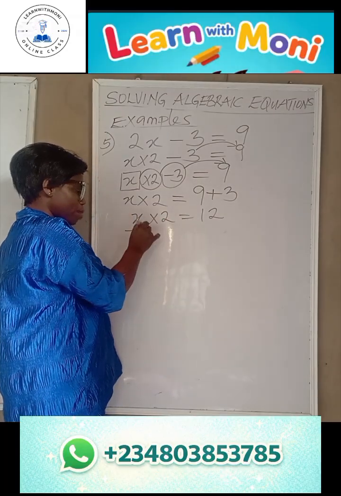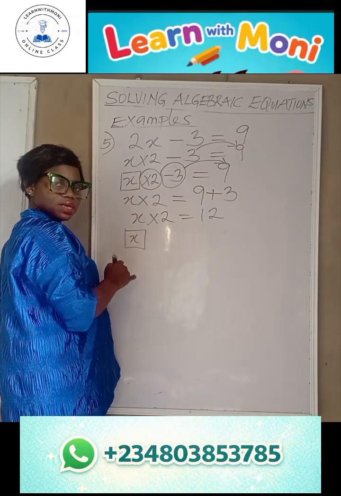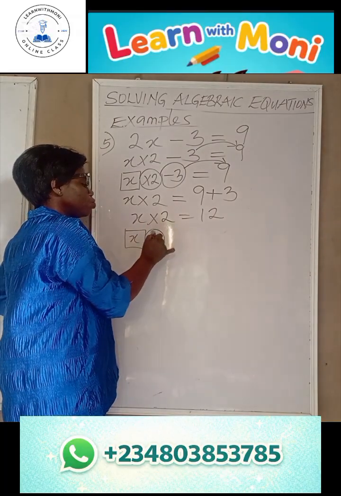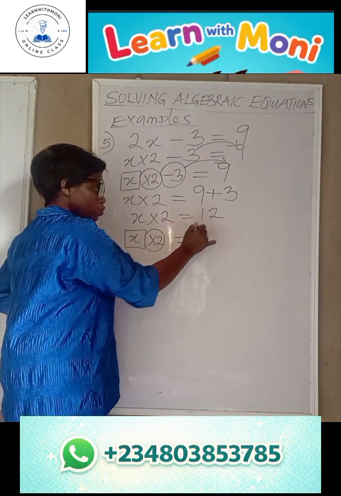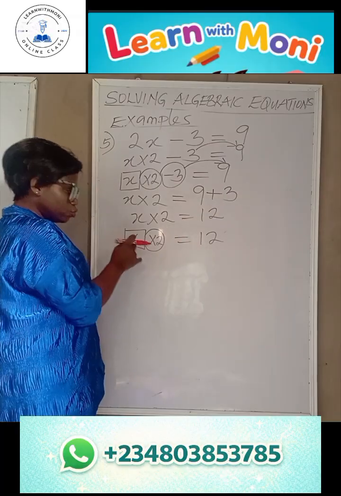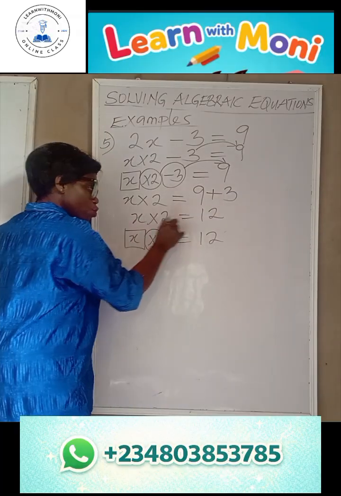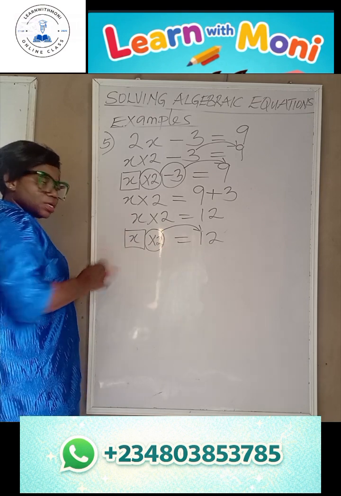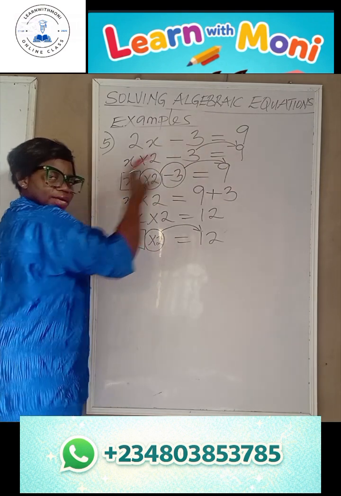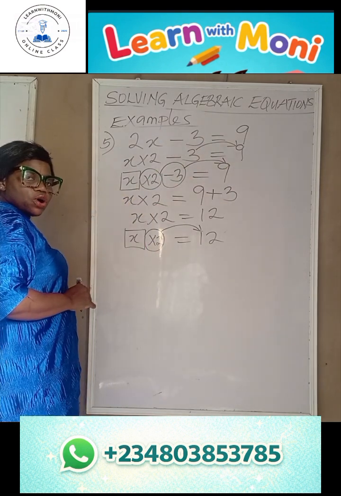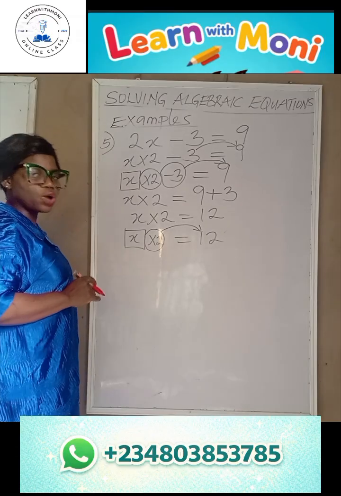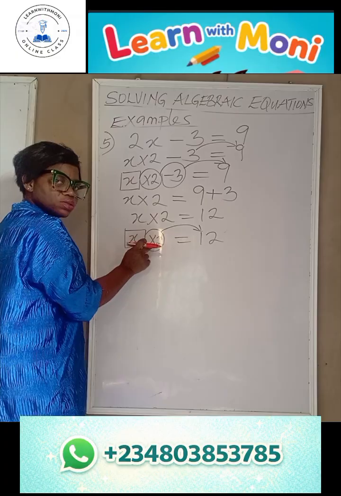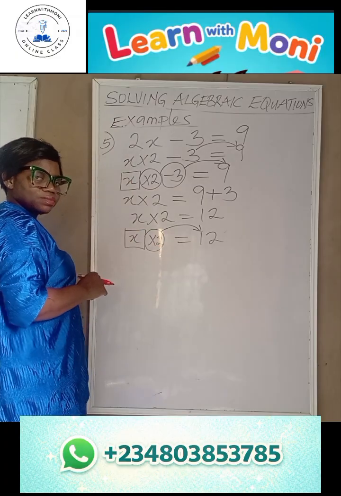This is still our bar of magnet, which is x, and attached to it is still times 2, which equals 12. We need to reach x, so we have to roll over to the other side this ball of metal. The times 2 rolling over, getting to the other side, is going to become, yes, you are correct, divided by 2, because the opposite of times is divide.